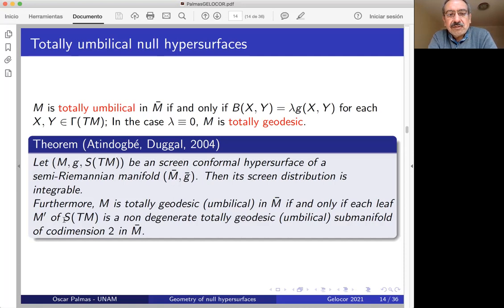So this kind of result relates the geometry of the null hypersurface to the geometry of these leaves.